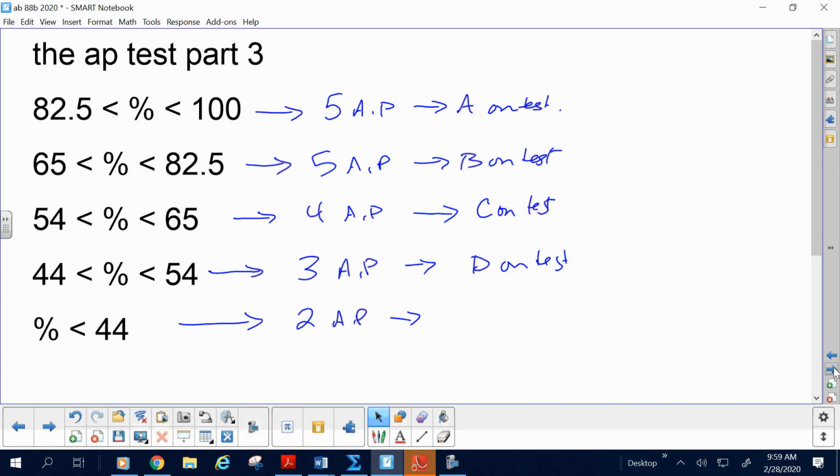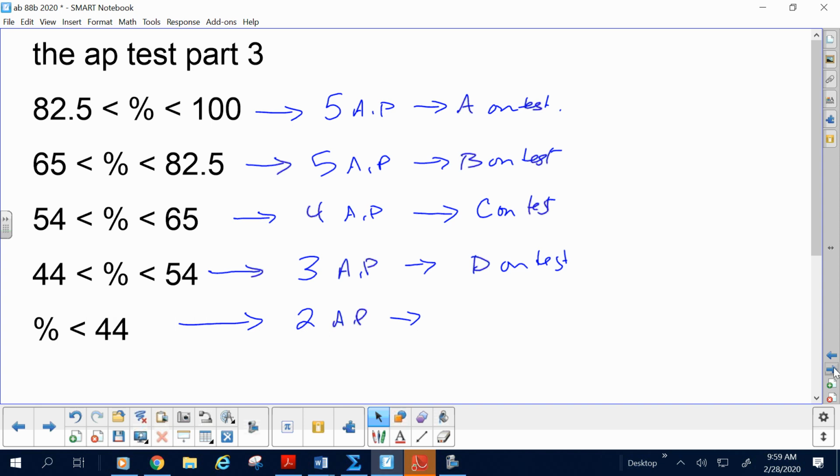So, first about the scores. If your percent, which should be right in the middle of your paper, is 82.5 or above, you're a very strong 5 and you got an A on the test. If your score percent is between 65 and 82.5%, you're still on pace for a 5 on this piece. I gave you a B on the test.